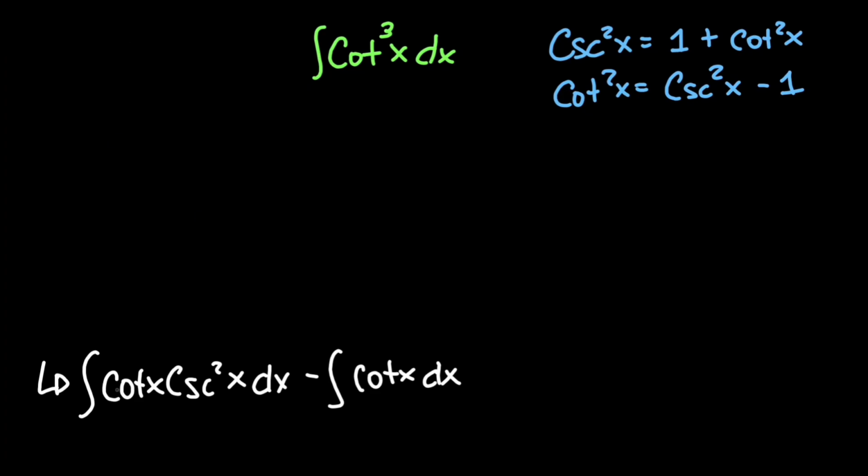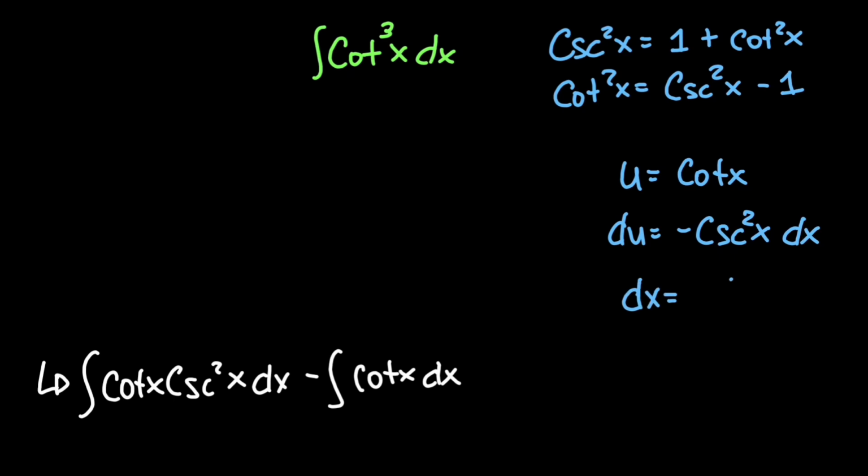And so let us focus first on the first part of the integral. So let u here in this case be cotangent of x. And so the derivative of cotangent of x would be equal to negative cosecant squared of x and multiply this by dx. So the value of dx right here would be equal to du over negative cosecant squared of x.